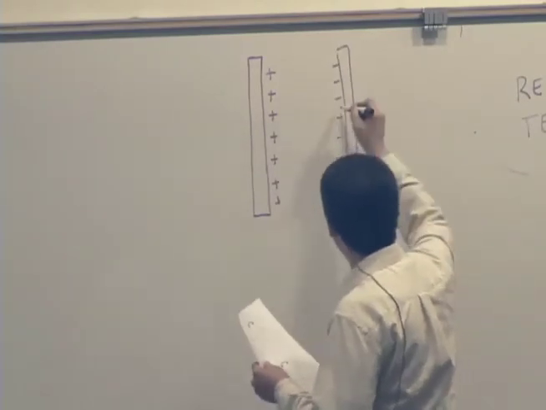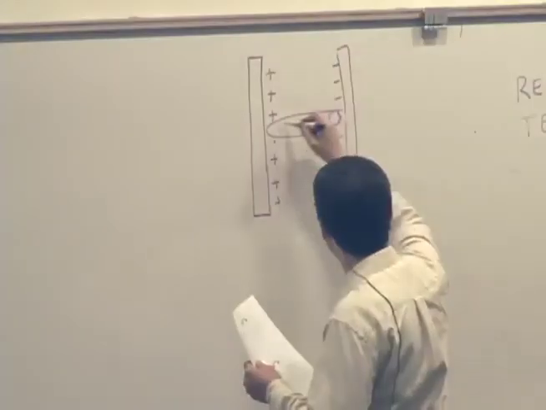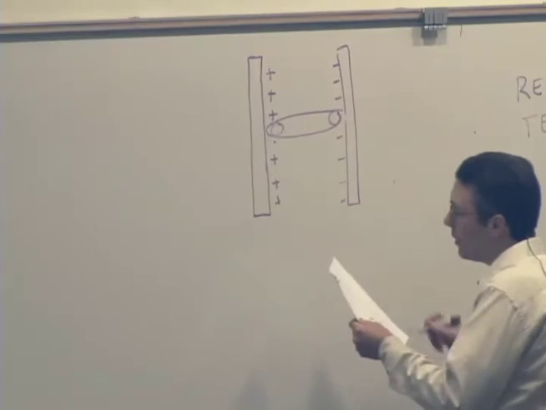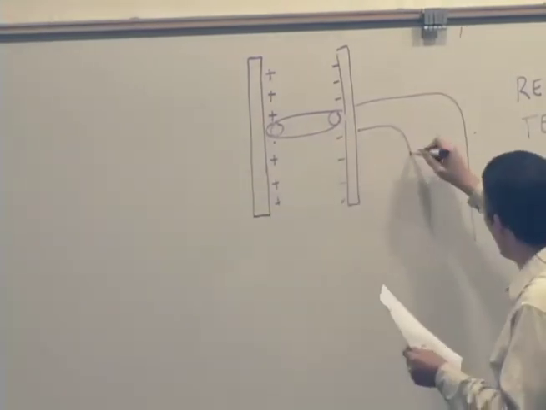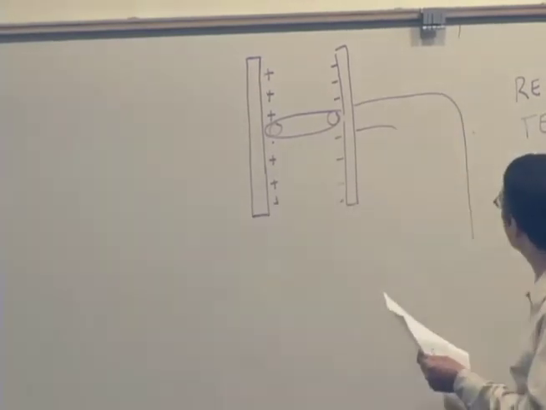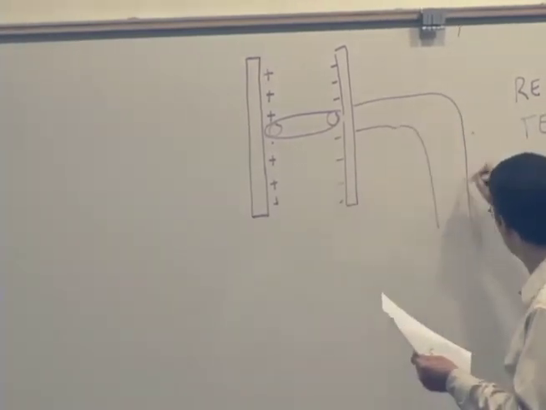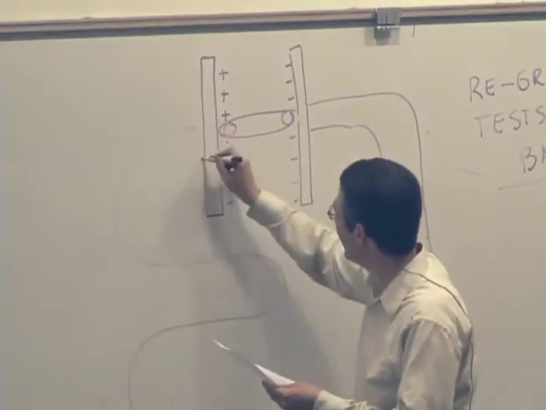And then some way of maintaining that charge separation, so there's a conveyor belt driving charge from one end to the other. And then the circuit is just a single wire, but it has a bend in it. Let's see if I can kind of draw it. And something like that. Okay.